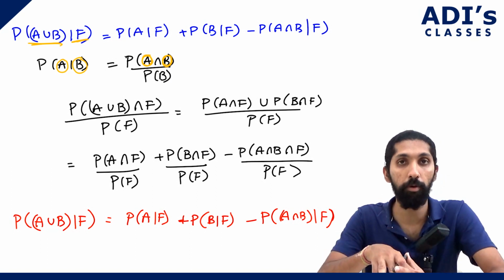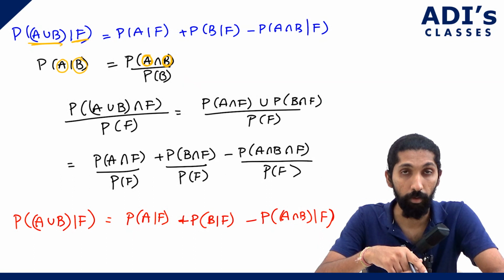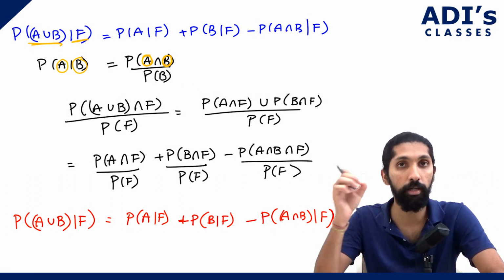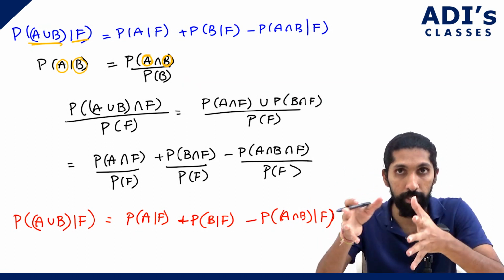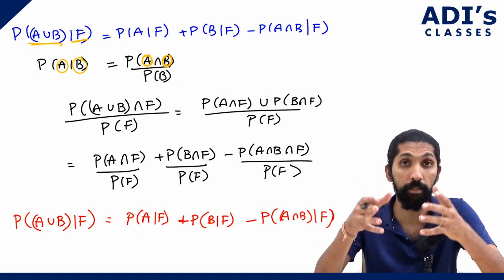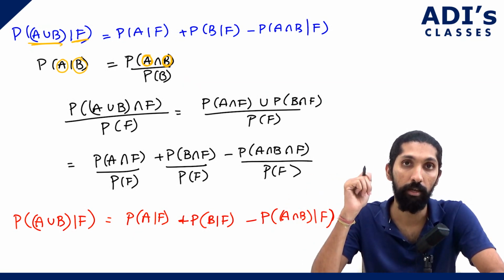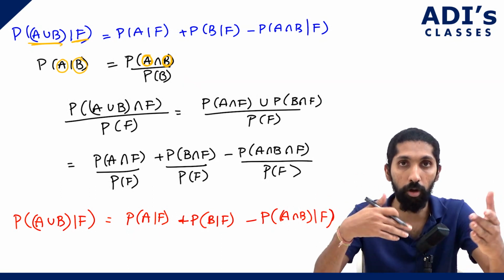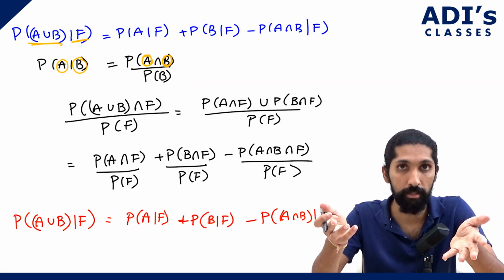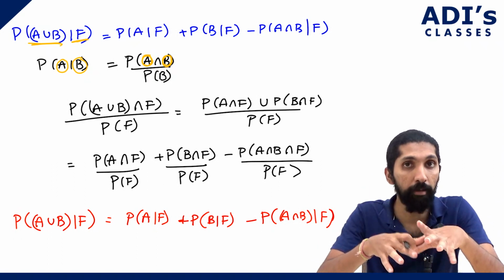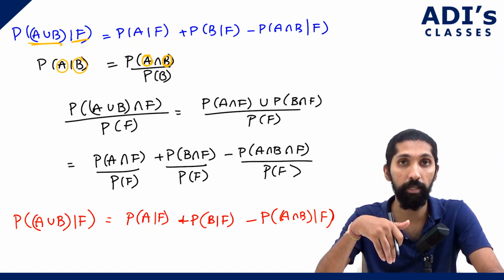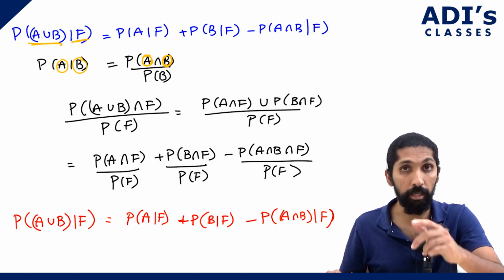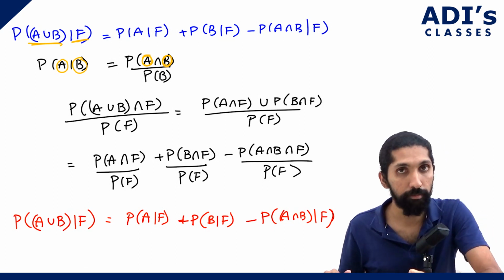Now using the second property, we can get one more. What if A and B are disjoint sets? If A and B are disjoint, the intersection would be 0, because there are no common elements, like a set and its complement. So in the second property, the last term, P of A intersection B given F, would become 0.